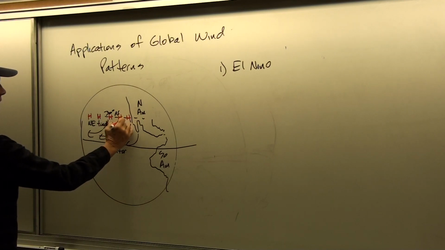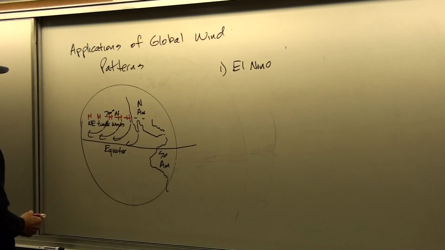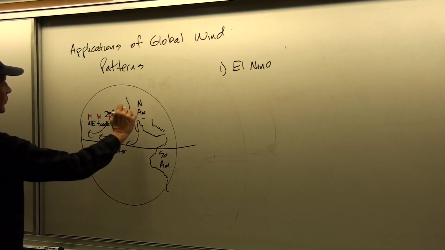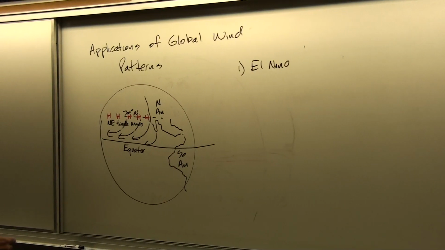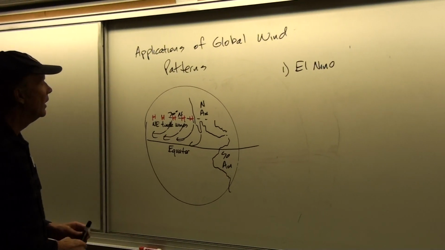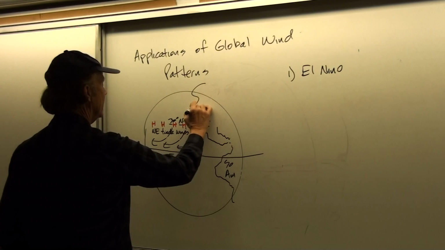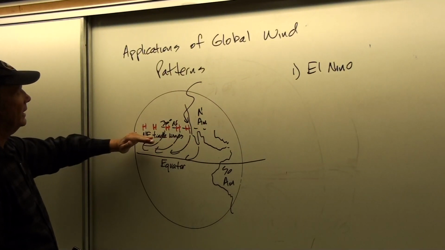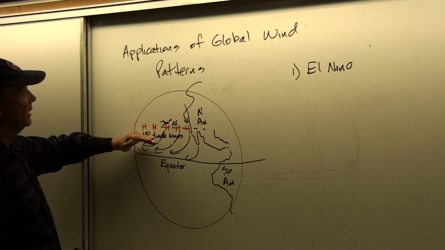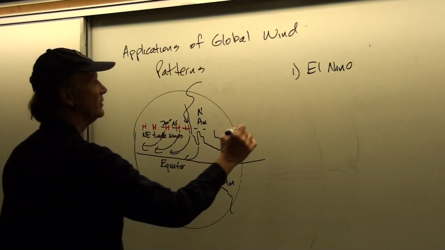And then from the 30 degrees north to the equator, we have these southeast trade winds. Okay? And so associated with that then, along the coast of North America, we have a component of the wind that is easterly.